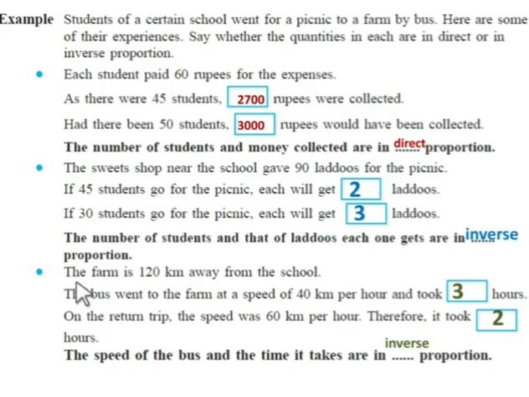Now, next example. The farm is 120 km away from the school. The bus went to the farm at a speed of 40 km per hour and took dash hours. Now, here the speed is given and the distance of the farm from the school is given. Here the farm is 120 km away from the school and the speed of the bus is 40 km per hour.